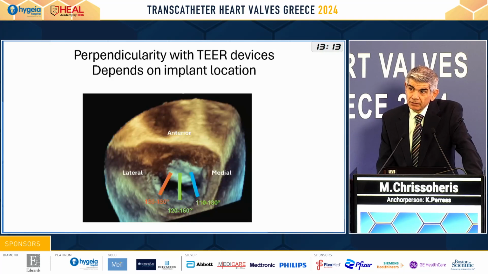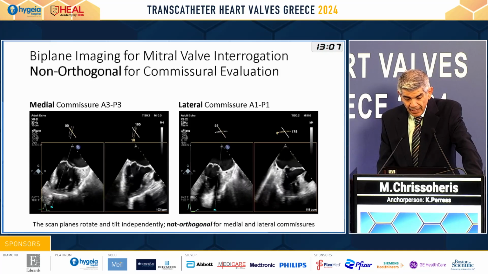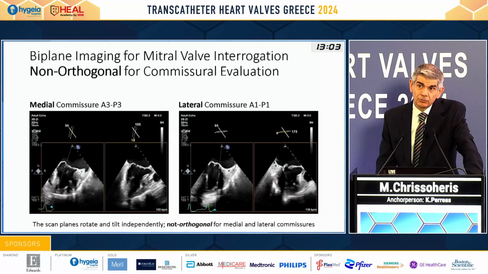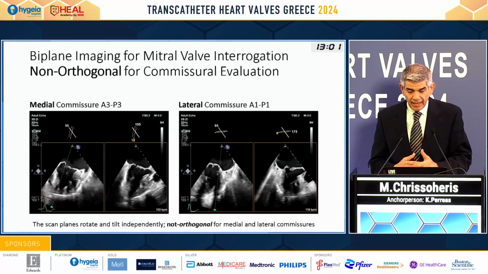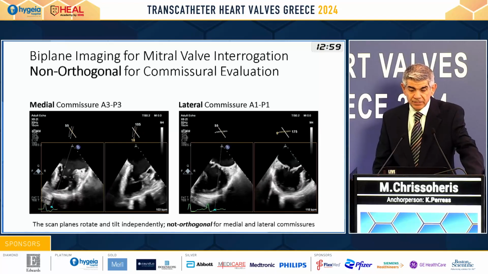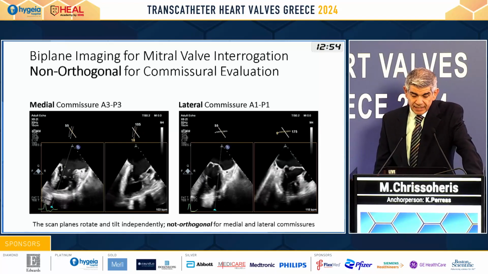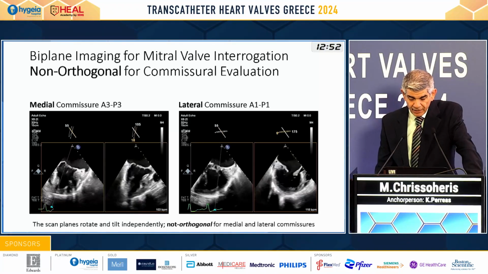And if we go for lateral commissure implantations, we usually use angulations in the long axis view of 150 to 180. This evolution of biplane imaging to include non-orthogonal angulations has helped us tremendously, in that we can now visualize the medial and lateral commissures more accurately.